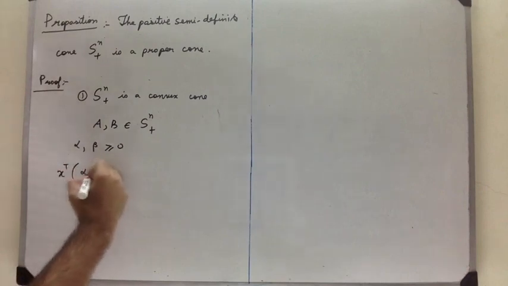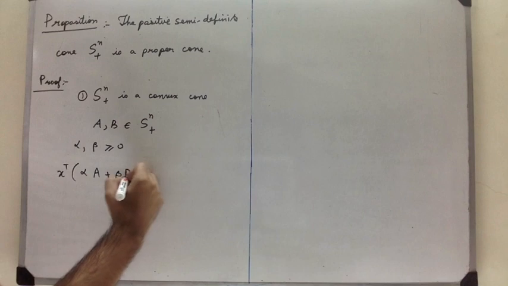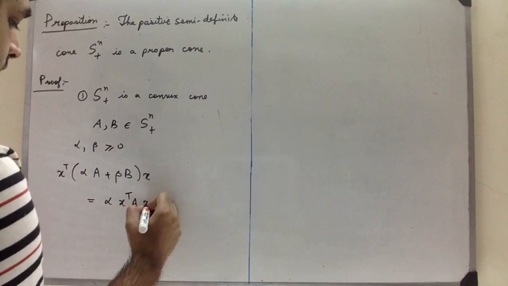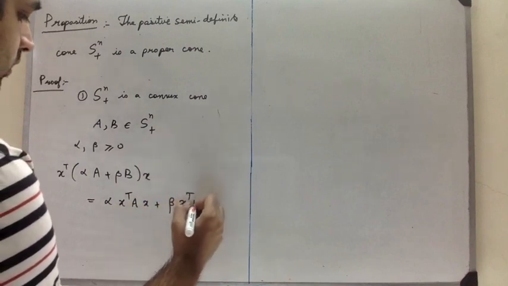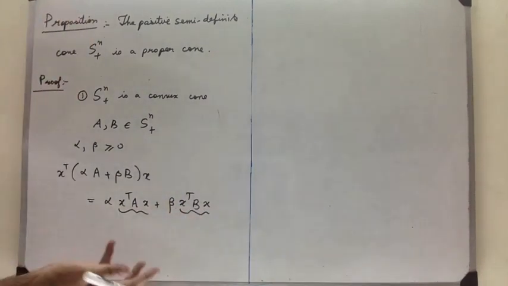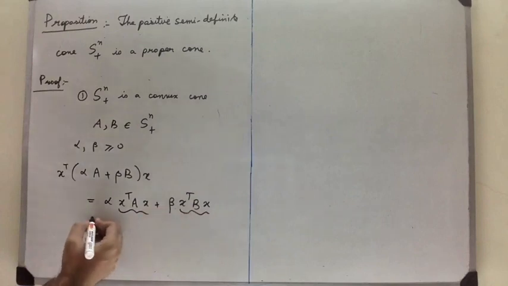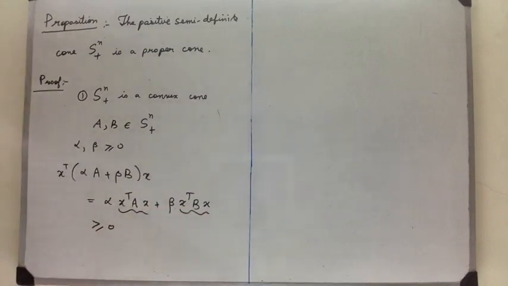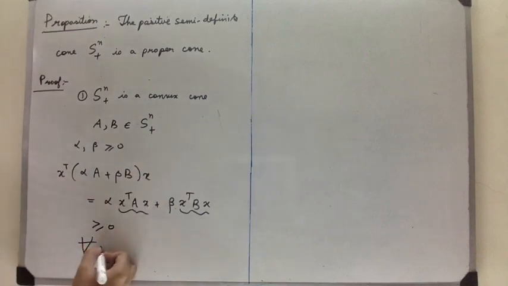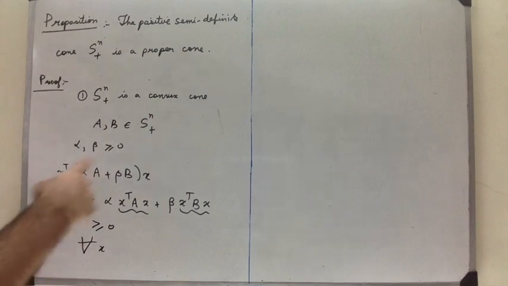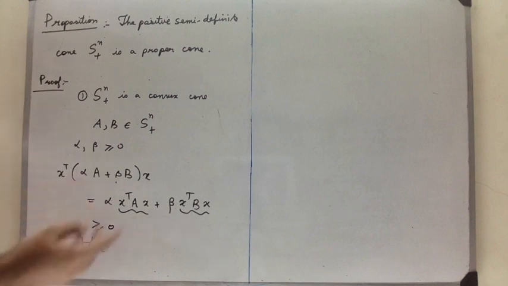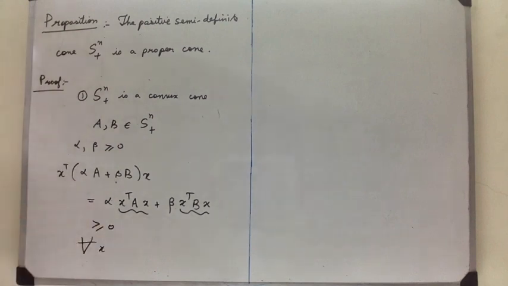So x transpose (alpha A plus beta B) x can be written as alpha x transpose A x plus beta x transpose B x. Since both A and B are positive semi-definite, they are both greater than or equal to 0. Hence, this whole quantity is greater than or equal to 0. And since x was arbitrary, this is true for all x. So the conic combination of A and B is also contained in the positive semi-definite cone.